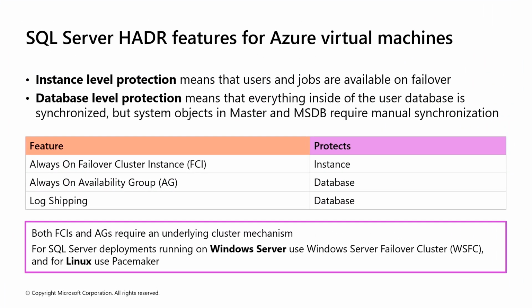SQL Server HADR features for Azure Virtual Machines focuses on 2 primary high availability and disaster recovery options for SQL Server in Azure VMs. We have the failover cluster instance, or FCI, and we have the availability groups, or AGs.